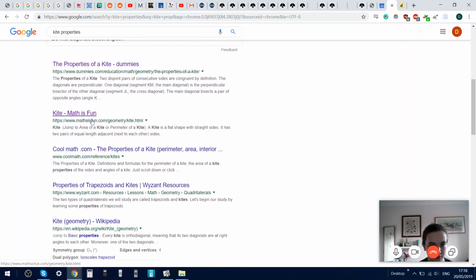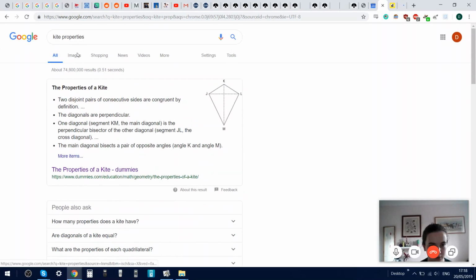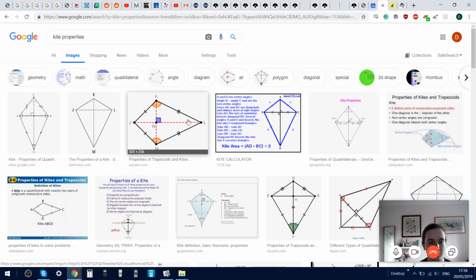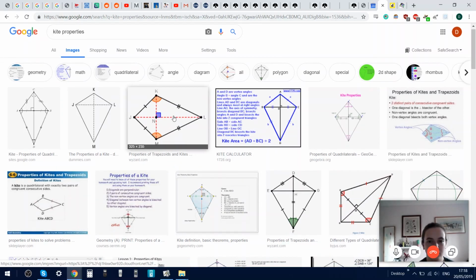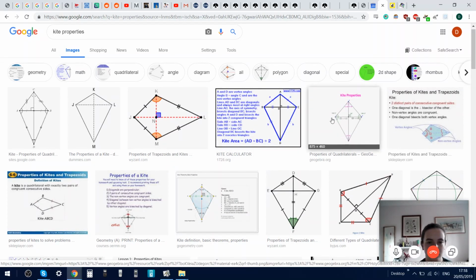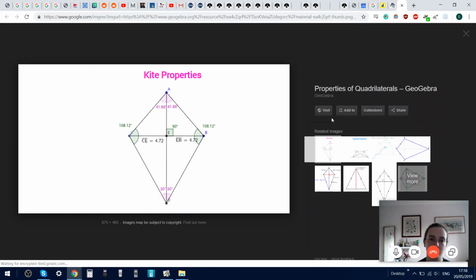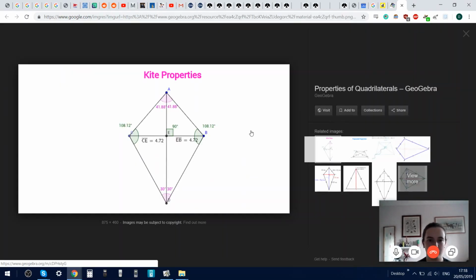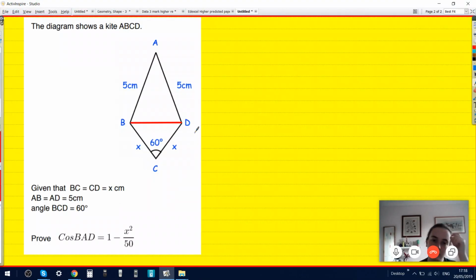Maybe just an image. Is that helpful? This is the one. So these two across are the same as each other. Maybe, I don't know.